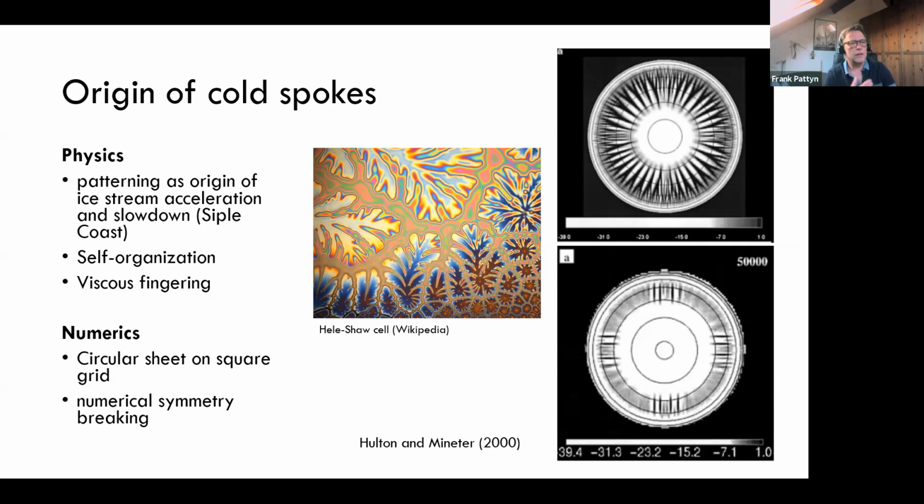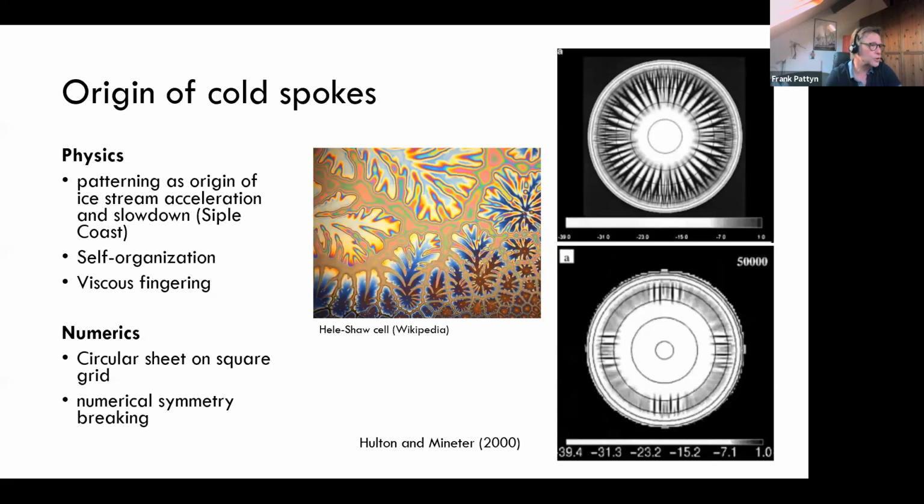Such patterning of cold spokes gives you areas where you have fast flow and then slow flow alternating. So it can lead to self-organization. You have this fingering, typically also what you observe at the Siple coast.